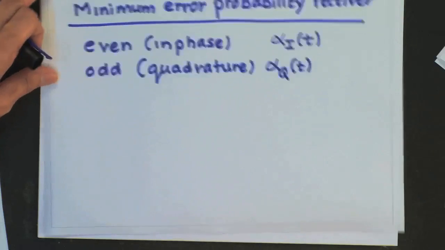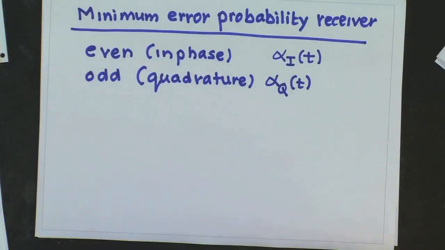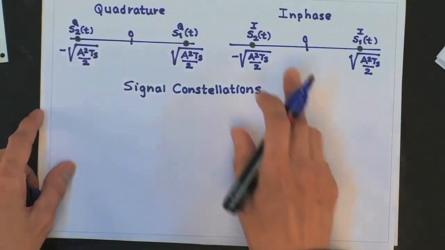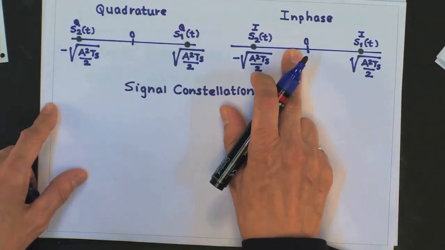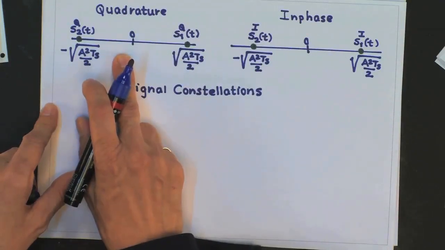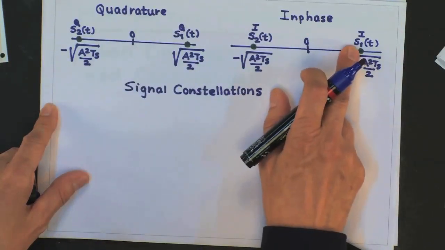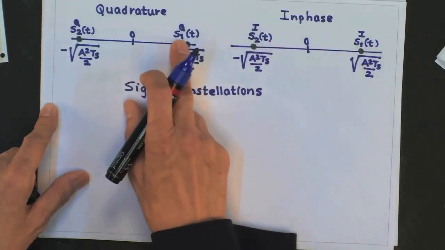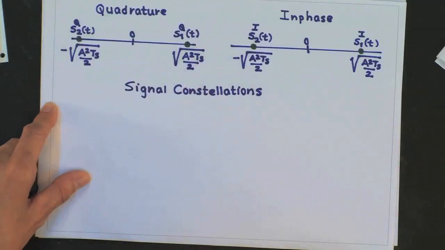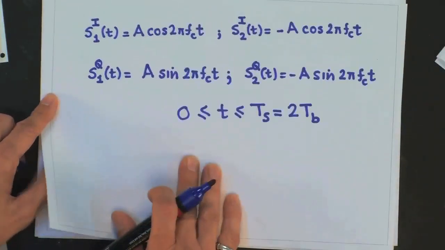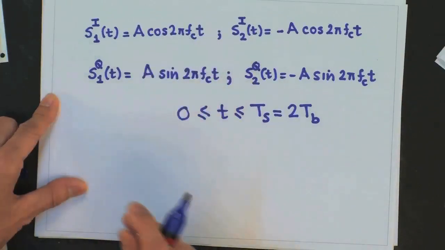So, the signal space diagram would be as shown here. This is for the in phase part and this is for the quadrature part, where these signals S1I(t), S2I(t) and here S1Q(t) and S2Q(t) are as defined on this slide.